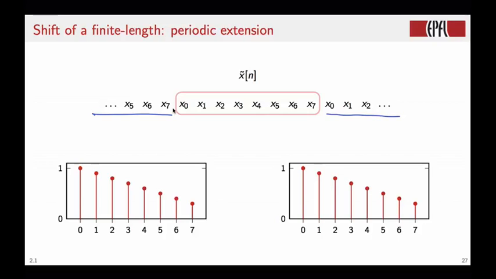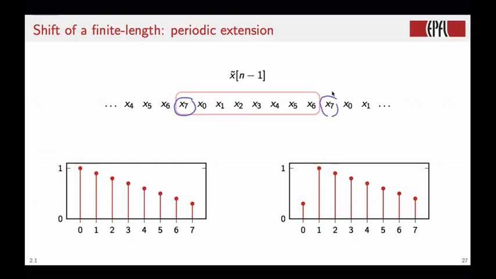And now, when we shift to the right, x tilde[n minus 1], x[7] enters on the left side, and x[7] leaves at the right side. So the new signal, given here at the bottom right, has x[7] entering here and having left on the other side.